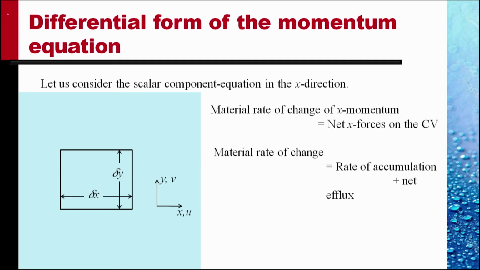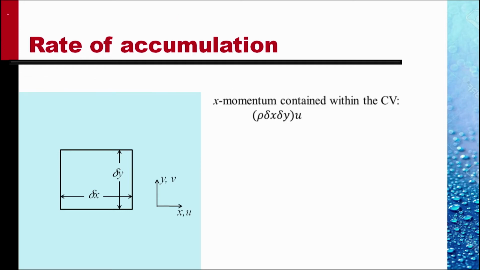The Reynolds transport theorem is used to obtain the material rate of change of momentum in terms of the rate of accumulation of momentum plus the net efflux of momentum. Now the x momentum contained within the control volume is delta x delta y, the volume, times rho, the mass contained within the control volume, times the x component of velocity u.